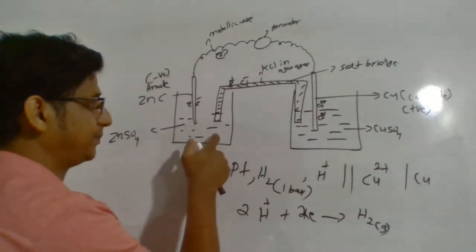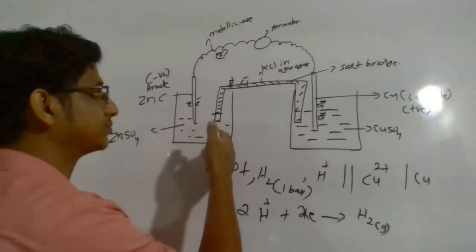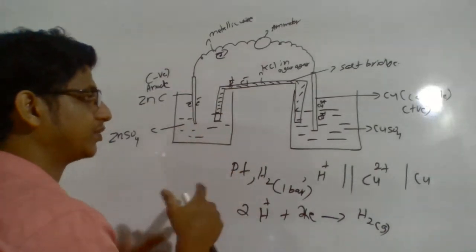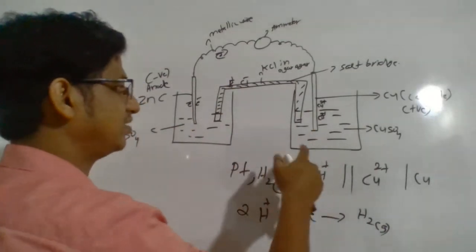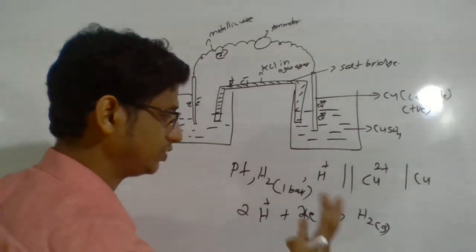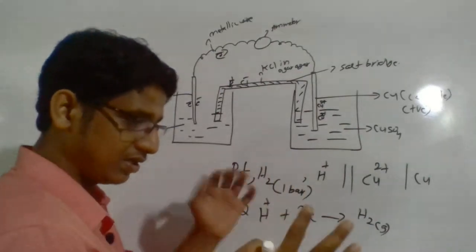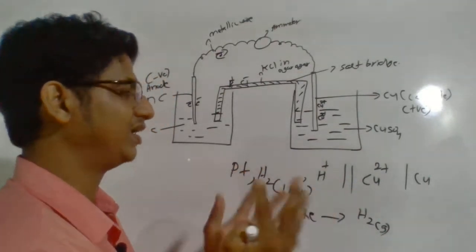This makes sure excess charge does not develop at the electrode. If negative charge is more, a positive ion will come and neutralize it. Similarly, at both electrodes it doesn't allow particular ions to accumulate, or the ions can move through the salt bridge, which makes sure ionic balance is there.